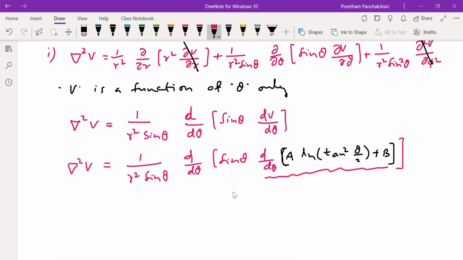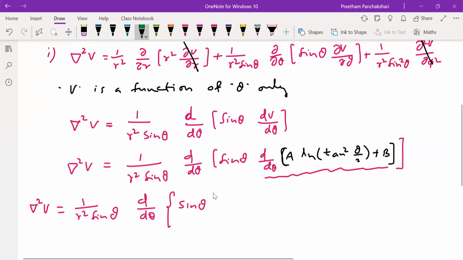Let us perform the differentiation first. So del square V is equal to 1 by r square sine theta, d by d theta. Let me have a flower bracket, sine theta. So the differentiation: A is a constant. Differentiation of natural log is 1 by the term. The term is tan square theta by 2.